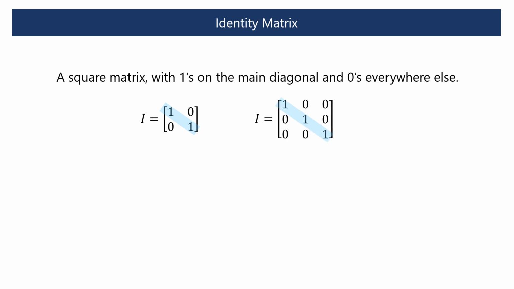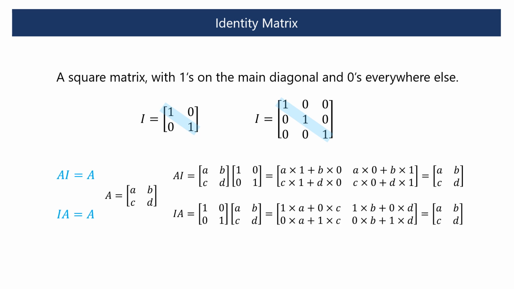The next one is a 3 by 3 identity matrix. A notable feature of the identity matrix is that when it multiplies any matrix, the result is the original matrix. This property holds whether an identity matrix is multiplied with another matrix from the left or the right.